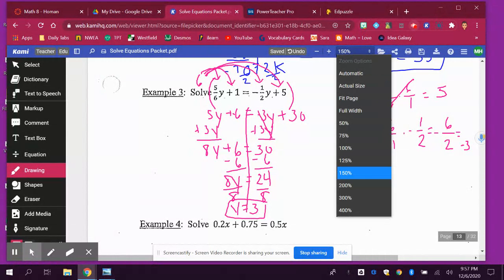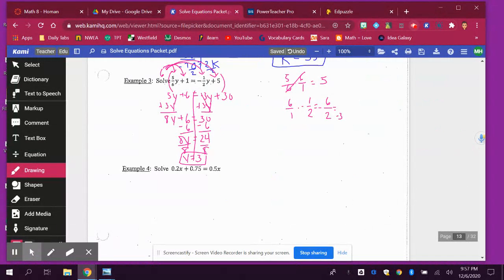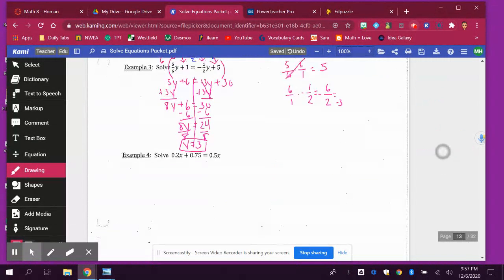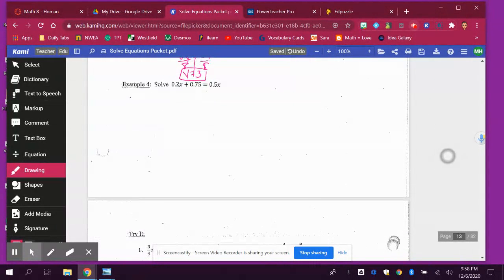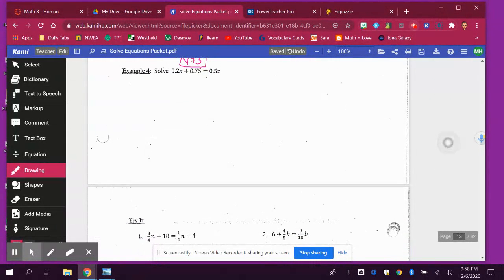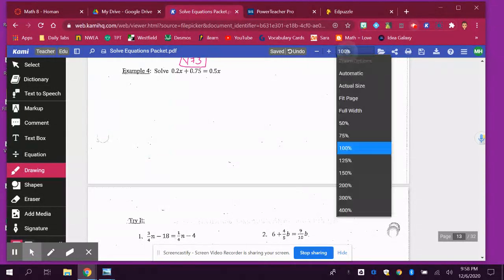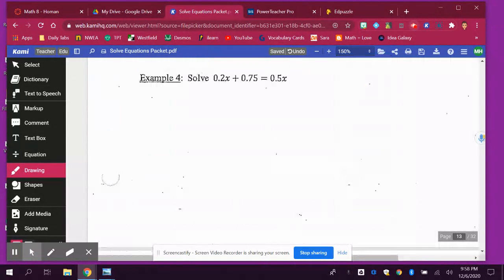Alright, again, when you don't have denominators that are alike, you want to find a common denominator and multiply by that common denominator. We also have rational coefficients that could be decimals. What you want to do to clear the decimals is multiply by the largest place value.